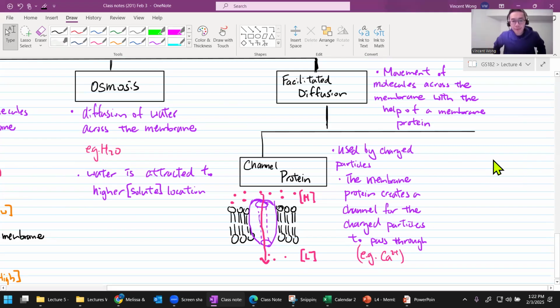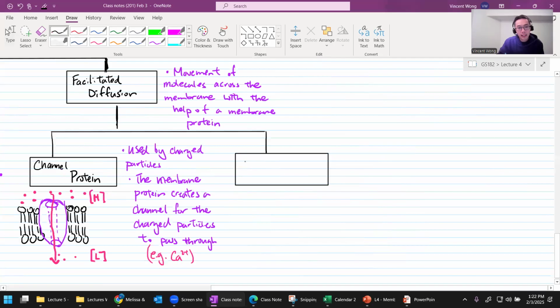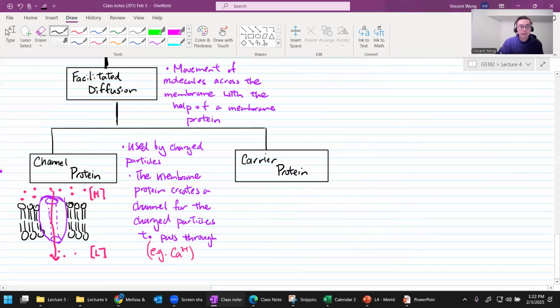All right. So, what is the other kind of facilitated diffusion? Well, the other kind of facilitated diffusion also involves some kind of membrane protein. And this one is called a carrier protein. Used by large molecules to cross the membrane.